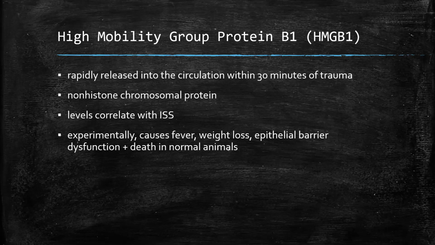Its levels correlate almost exactly with injury severity score, so it can serve as a marker. Experimentally in animals, if you inject this type of substance, it causes fever, weight loss, barrier dysfunction, which just means cells swell up, and ultimately death.